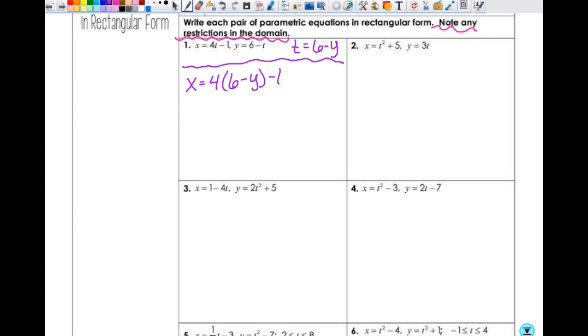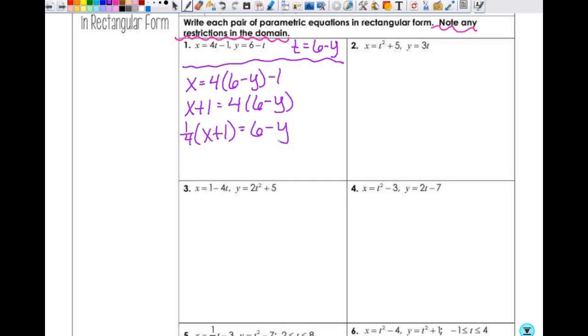If I don't multiply through, then I could just add 1 to both sides, and I get x plus 1 equals 4 times (6 minus y). Then what could I do? Divide by 4. And dividing by 4 is the same as multiplying by 1/4. You agree with that? So I'm actually going to multiply by 1/4 and leave it like this. Okay? And that's going to equal 6 minus y.